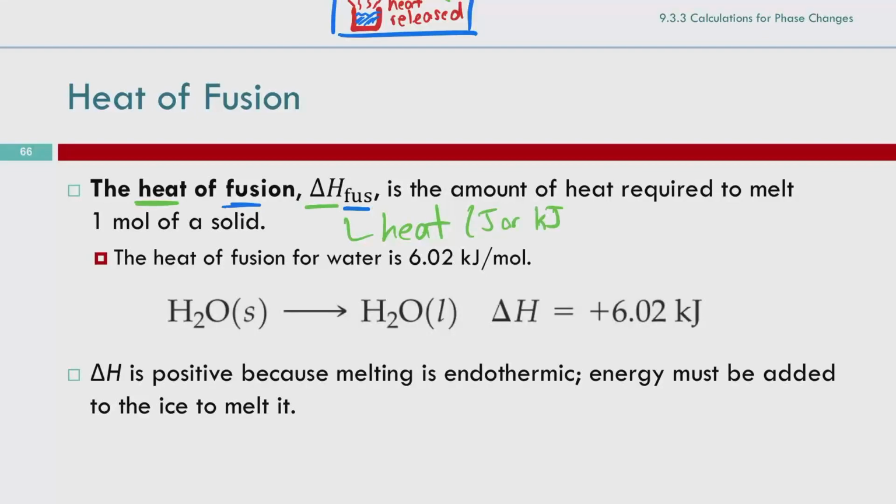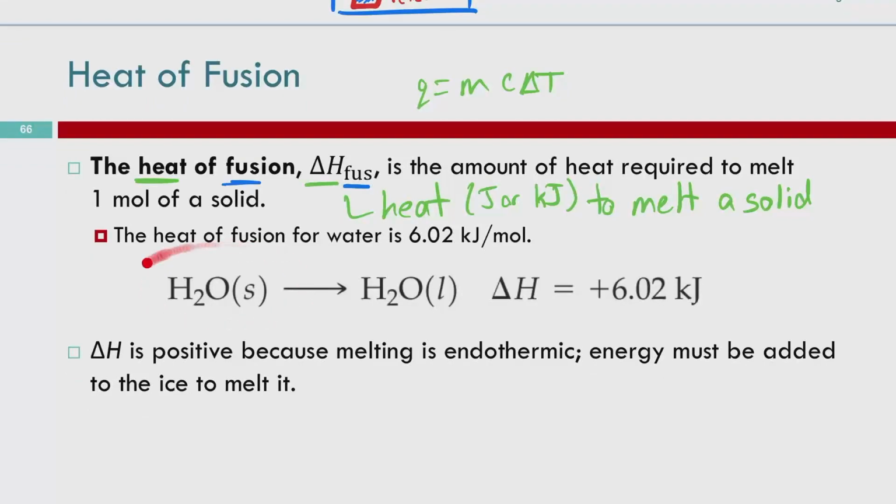This is the quantity Q when we see it in stuff like Q equals MC delta T or MCAT. So this delta H sub FUS is heat to melt a solid, specifically 1 mole.